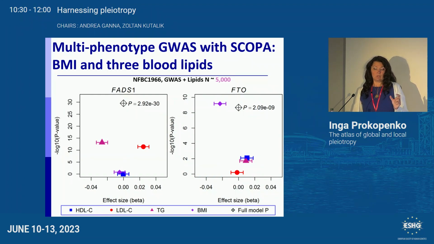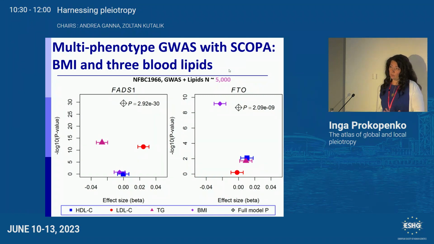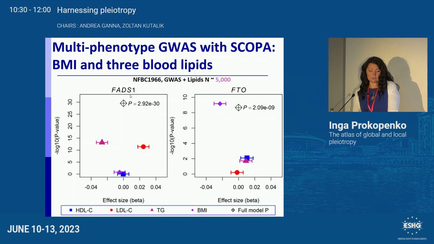locus. So here I left in the graphs BMI and 3 blood lipids to show you the results of this analysis. As you can see, FADS is usually very significant when we combine effects from multiple lipids.